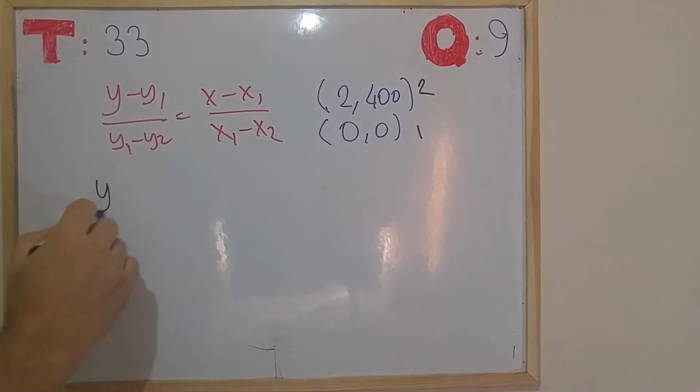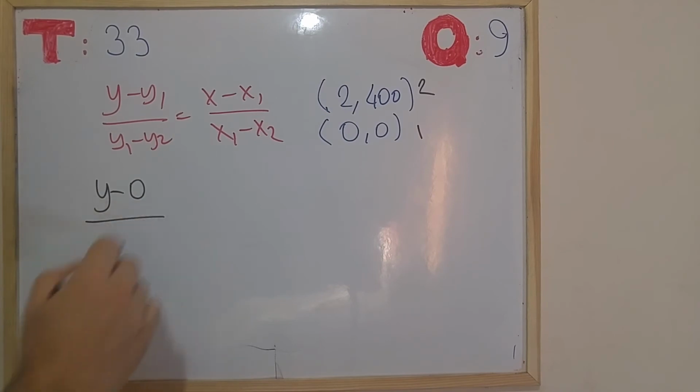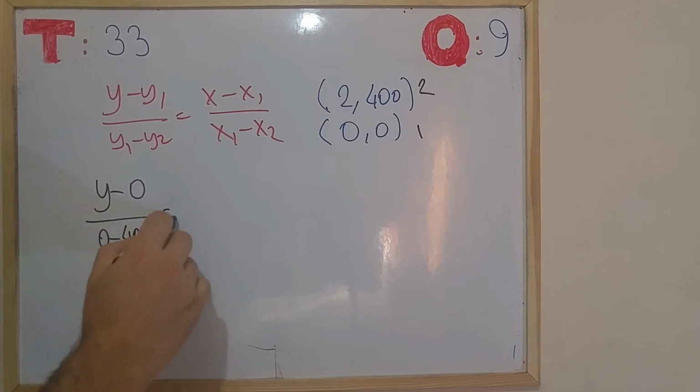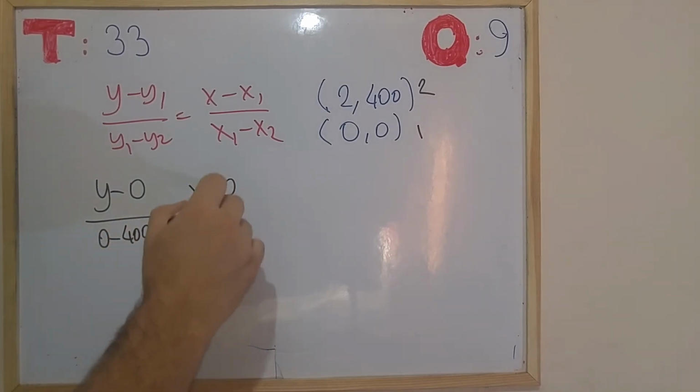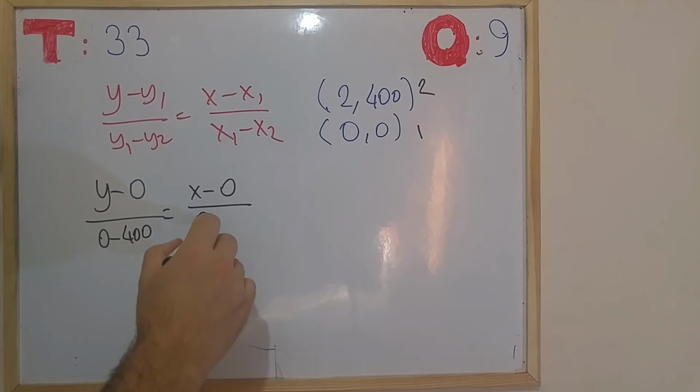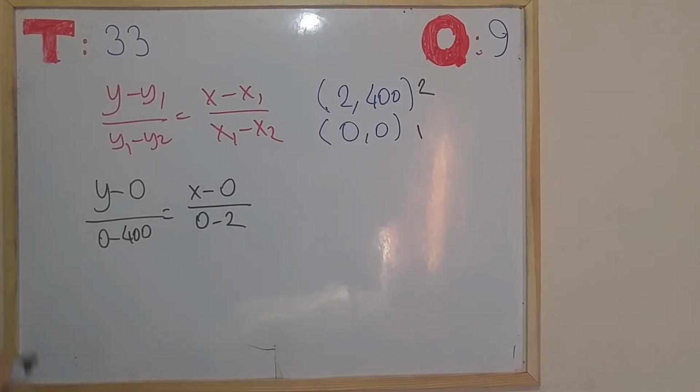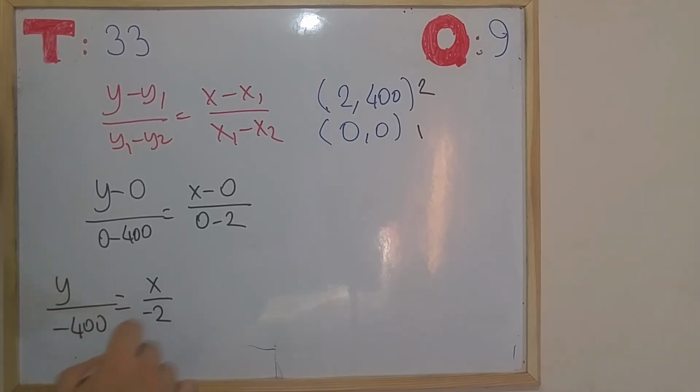So y minus 0 over 0 minus 400 is equal to x minus 0 over 0 minus 2. So what we have in the hand is y over minus 400 is equal to x over minus 2.